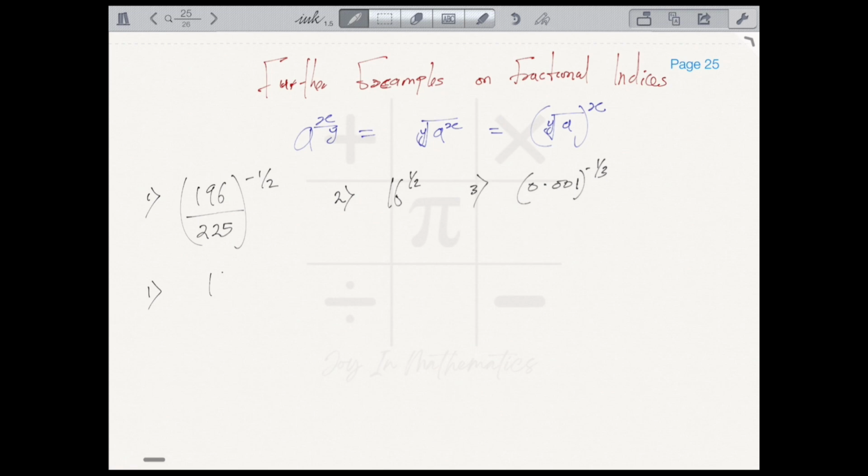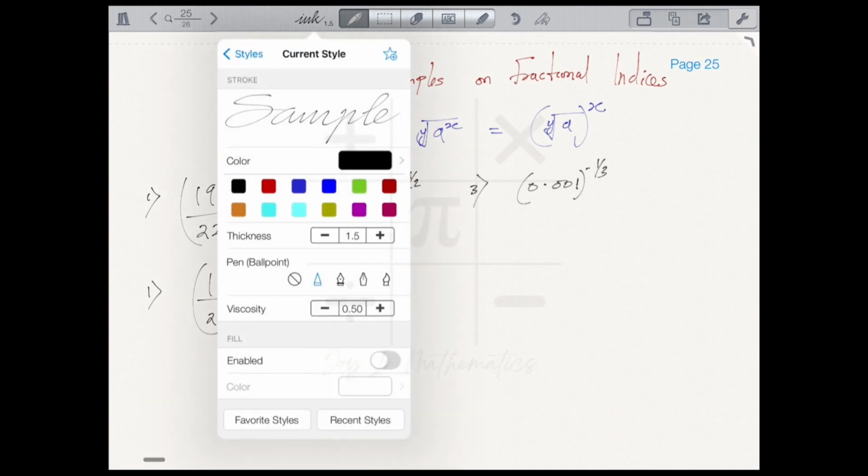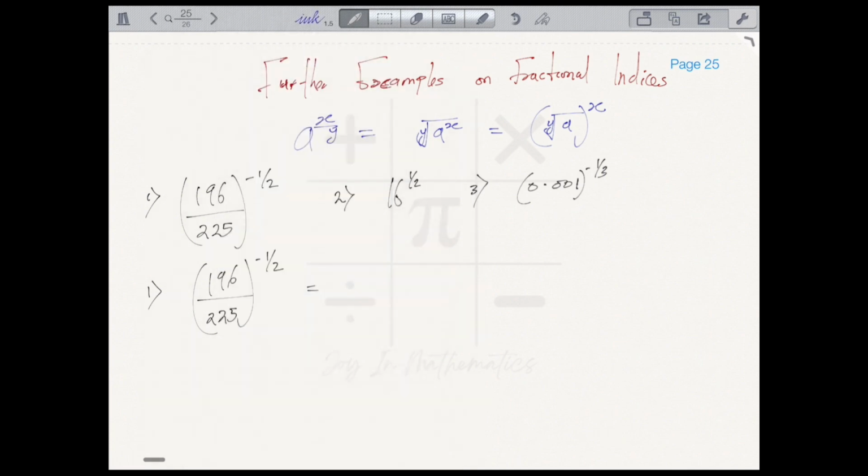Let's start with 196 divided by 225, all raised to the power of minus 1 over 2. We know that we have to apply the negative index to this. So the negative index rule is a raised to the power minus x is equal to 1 over a raised to the power x.